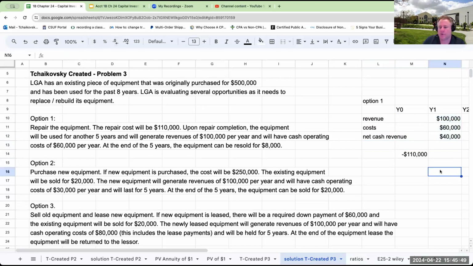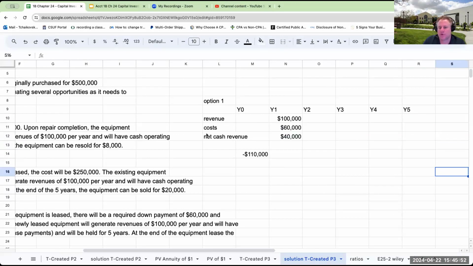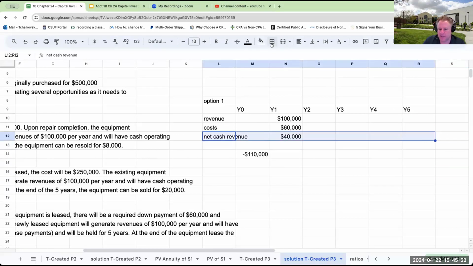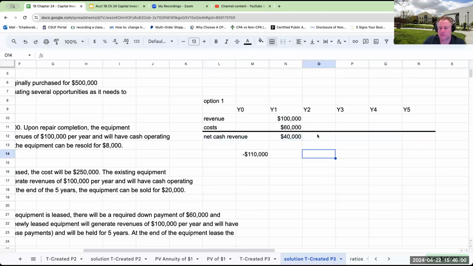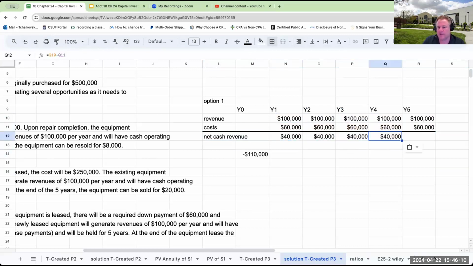Over each of the next 5 years, this will be generating $100,000 per year, and this will be costing $60,000 per year, for a net of $40,000 per year.